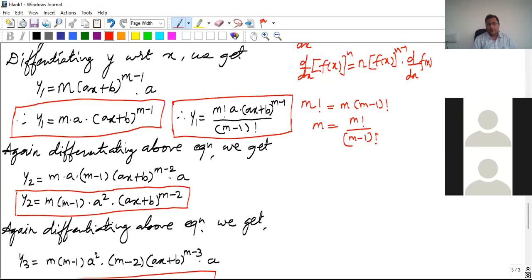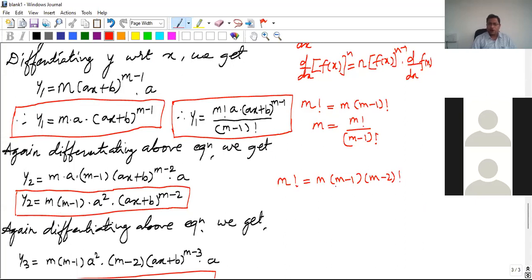Now, what is the next term we have? m into m minus 1. Continuing, m factorial is equal to m into (m minus 1) into (m minus 2) factorial. Is that okay?